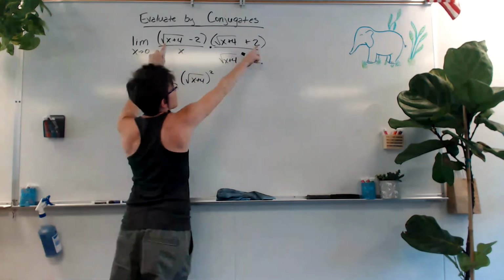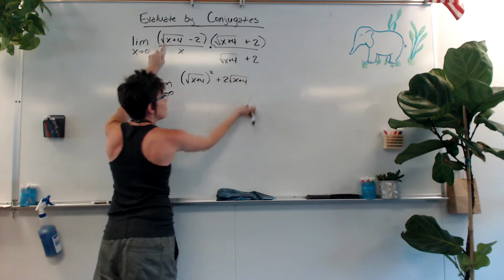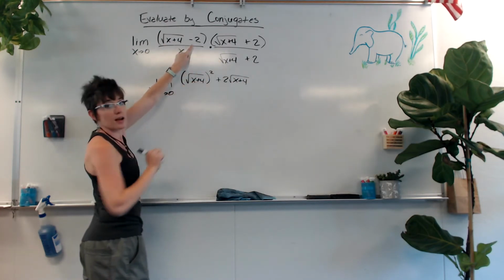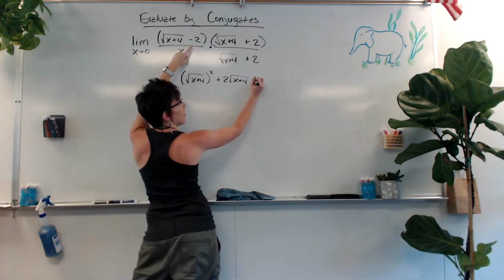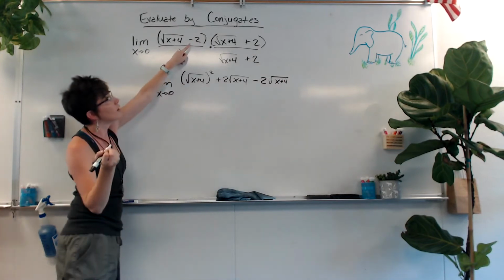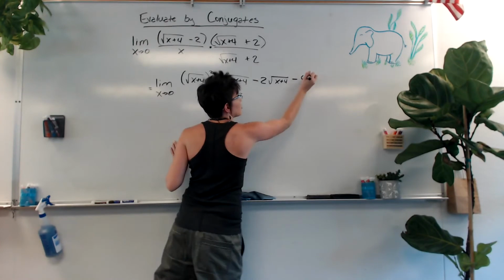This times that 2 becomes plus 2, x plus 4. All right, move to this term. Negative 2 times that gives me a minus 2 times x plus 4. And then negative 2 times the positive 2 is just minus 4.